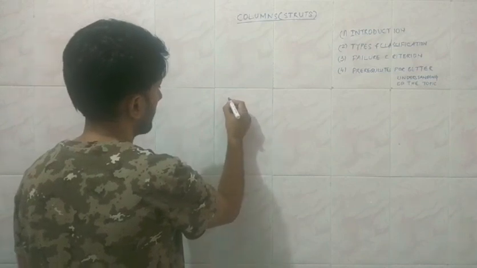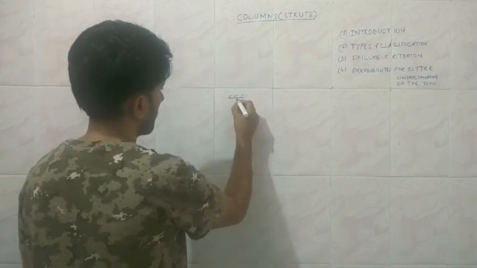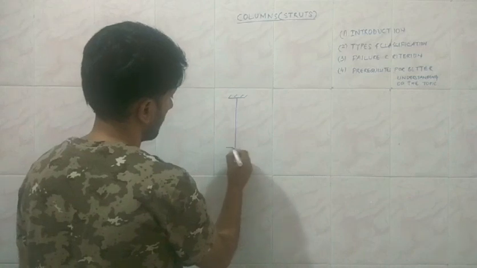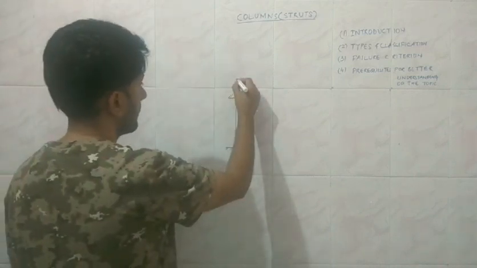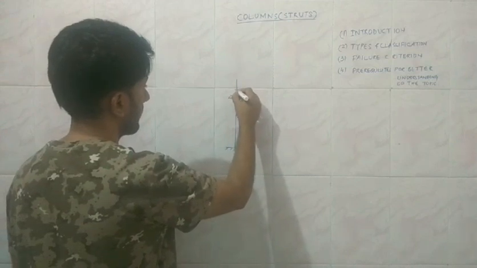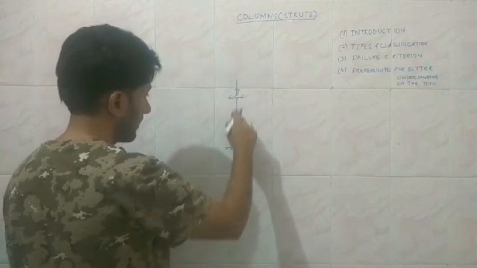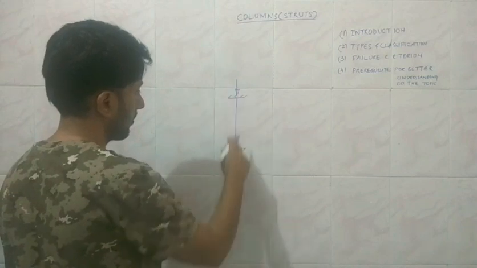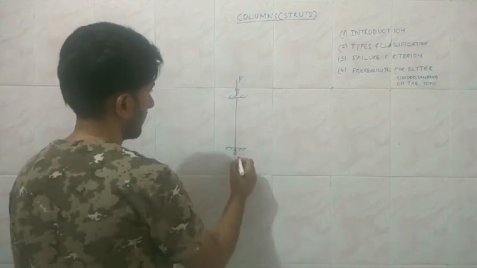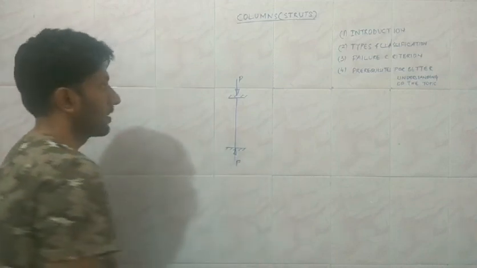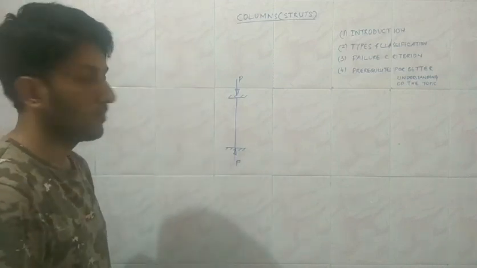Say the ends are fixed. So this is the example of a column. If this structural member is loaded along this principal axis, which is the longitudinal axis, then such a member is called a column.